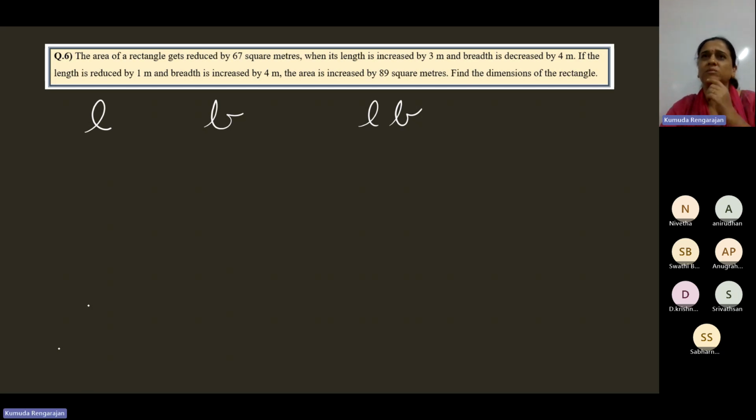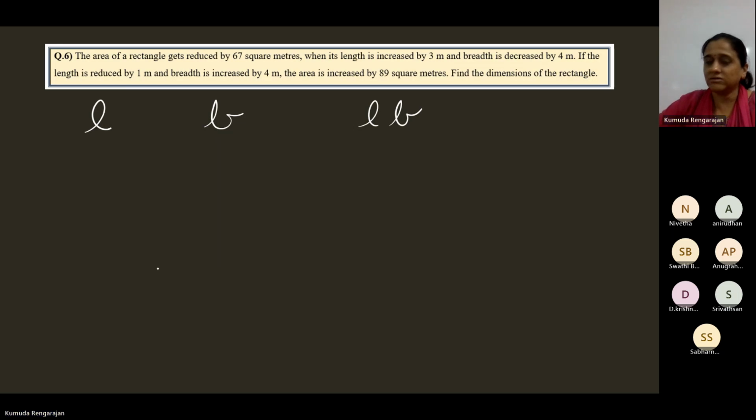Now we'll think: there you said the number of students is the same. Here, how did the area change? Here you're altering the length and breadth. If you're reducing the length and increasing the breadth, you're changing them. When you alter the length and breadth, the area is altered. There it's a different thing with students. You're arranging the students in different numbers of rows and columns, but the number of students will be XY only, because you're accommodating all the students in your rows and columns.